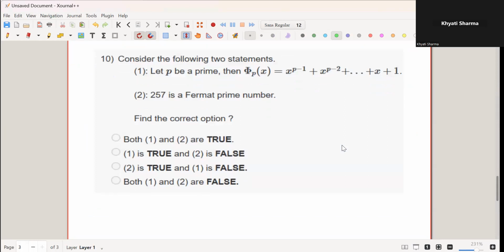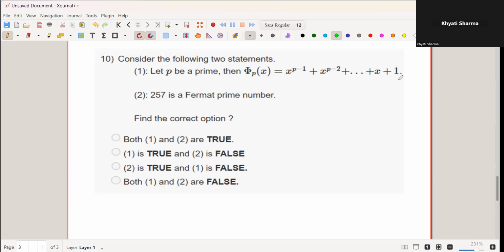Okay, so it's saying consider the following two statements. First is let p be a prime and phi p of x is the cyclotomic polynomial. For p prime, the cyclotomic polynomial is x to the p minus 1, x to the p minus 2, and so on to x plus 1.